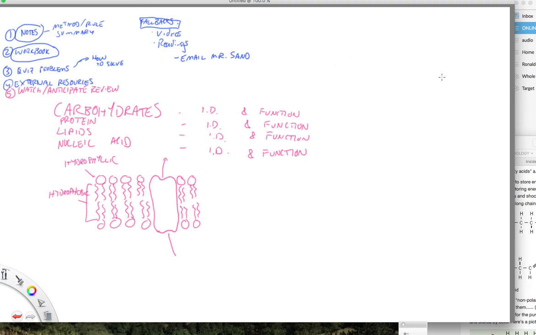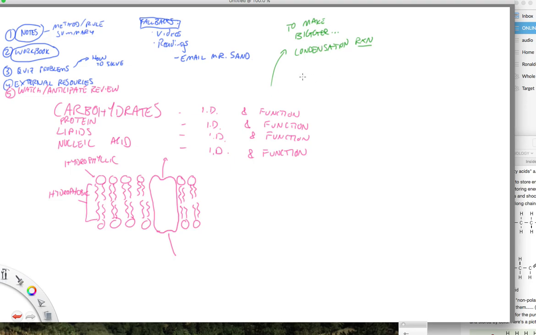So for all of these molecules to make bigger, what do you think they go through? They go through a condensation reaction. For all of them. I'll abbreviate reaction RXN, because I'm cool like that.